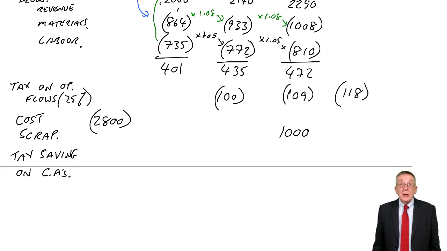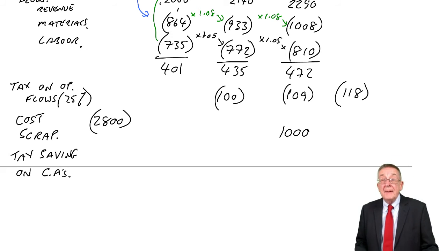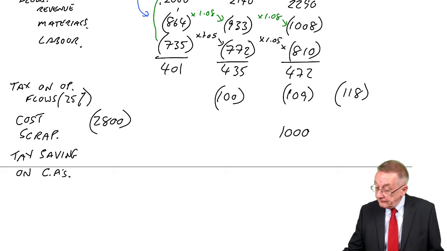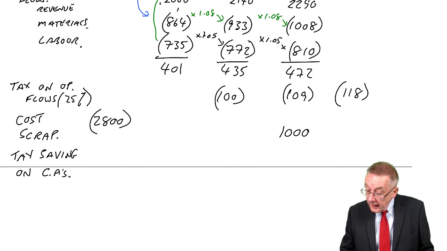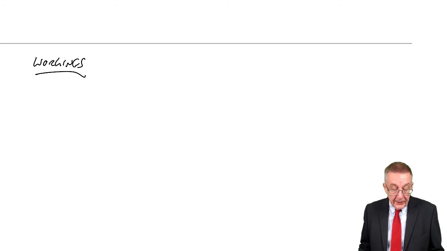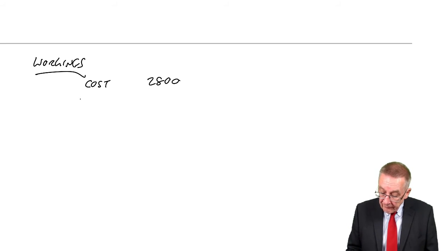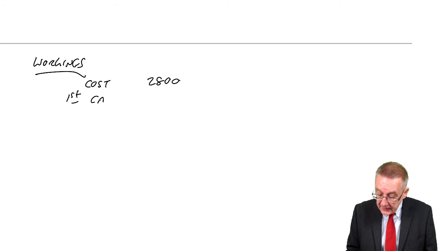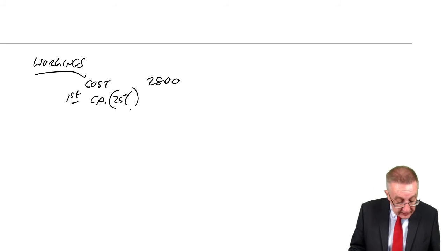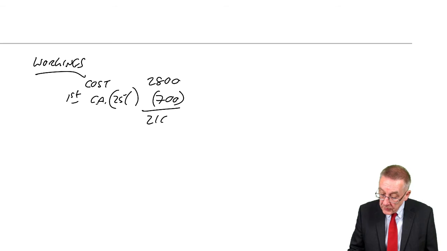I don't know, it might be an idea to pause the lecture and have a go at this yourself, because we've been through how to deal with it, and then put the lecture back on and check you got the same. However, I'll leave space, I'll do workings for the capital allowances. The initial cost, 2.8 million. And so the first capital allowances, 25% reducing balance is 700, going down to 2,100.